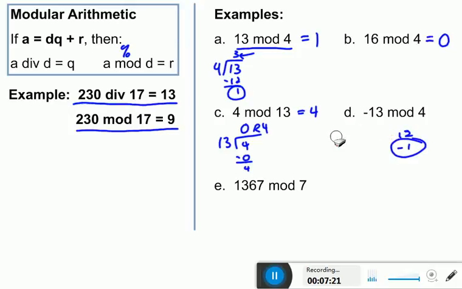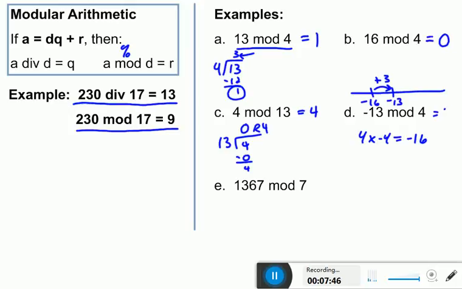So we can't actually do that. What we have to do is try to go beyond negative 13. So we would actually say 4 times negative 4 is negative 16. Negative 16 on a number line, just think about it. If negative 13 is over here, negative 16 will be over here. And then you can go back this way up 3 to get there.